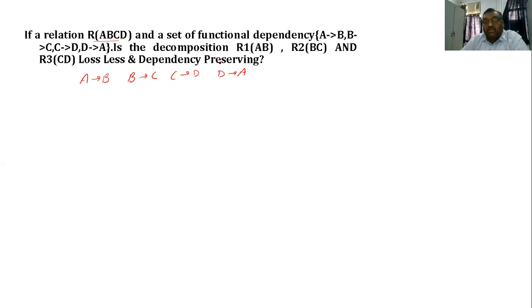First we should check whether it is lossless, because if it is not lossless, there is no need to check dependency preserving.